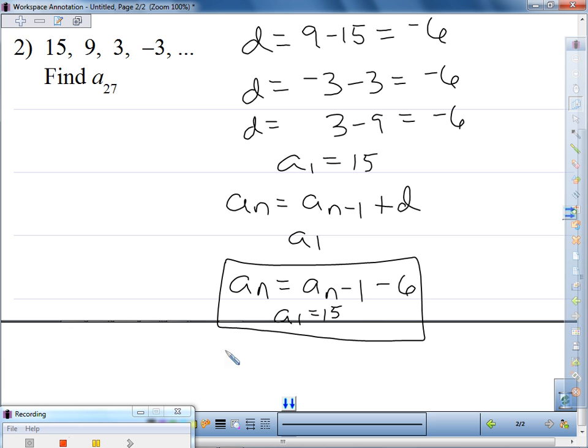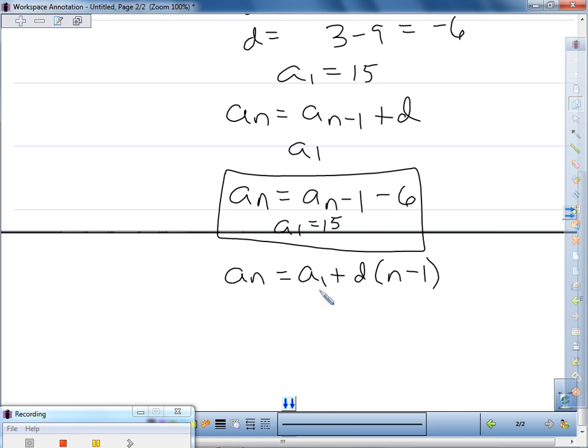Okay, now to find the explicit formula, we'll have the general form of a sub n is equal to a sub 1 plus d times n minus 1. We'll substitute in a sub 1 again as 15, common difference of negative 6, and that's equal to a sub n.